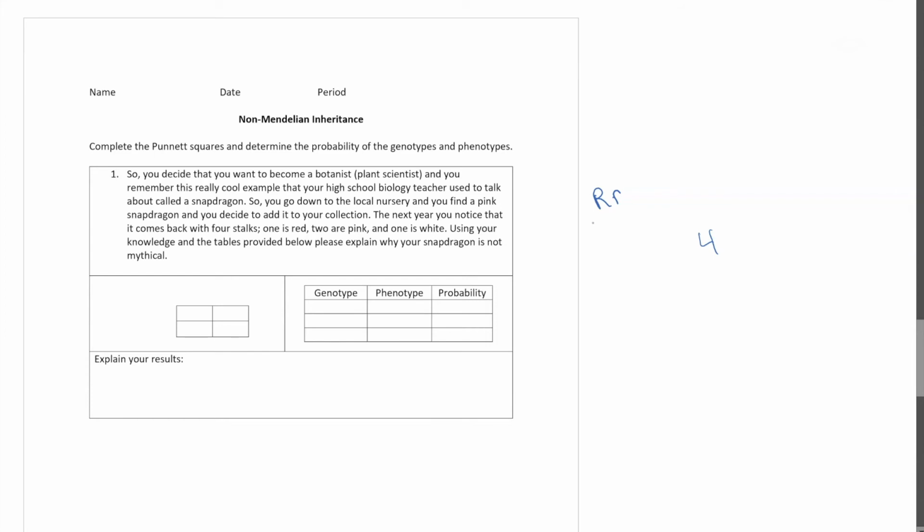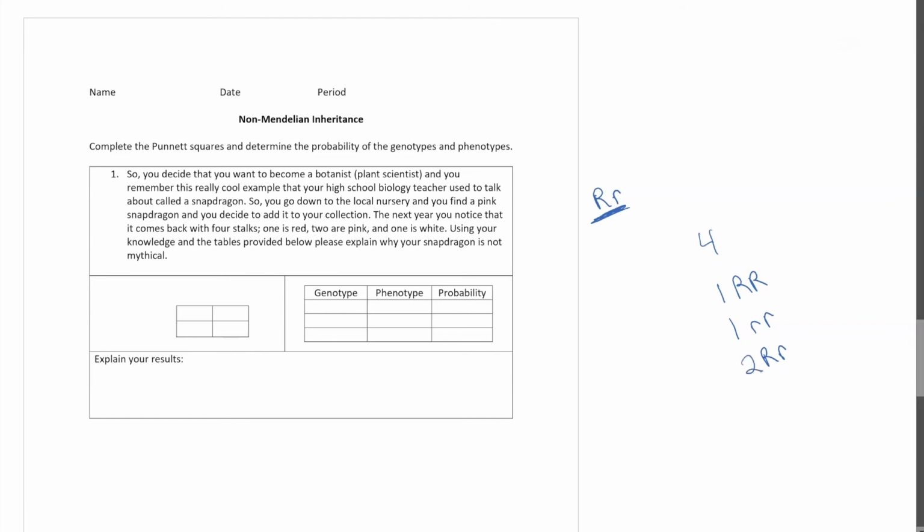Okay, so you have 1 pink plant that was this capital R, lowercase r. And with your 4 stalks, you had 1 that is red. You had 1 that is white. Actually 2 that are pink.